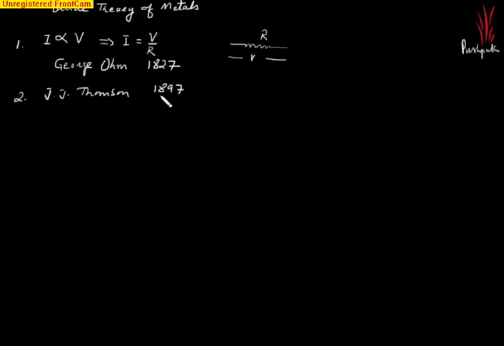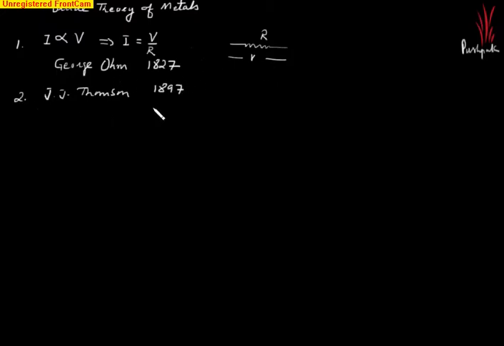That means it was known that when voltage is applied across a metal wire, then current is established, but it was not clear what it is that makes this current inside the wire. So it was always the point of interest or findings how current is established in the wire.